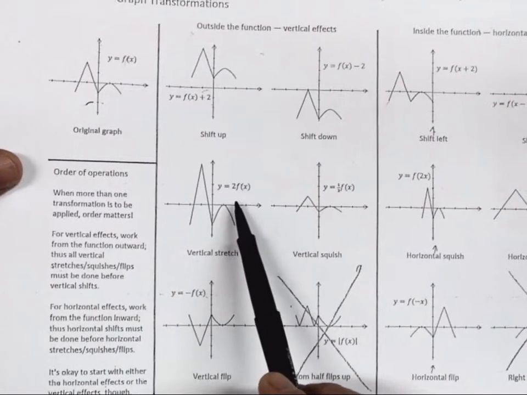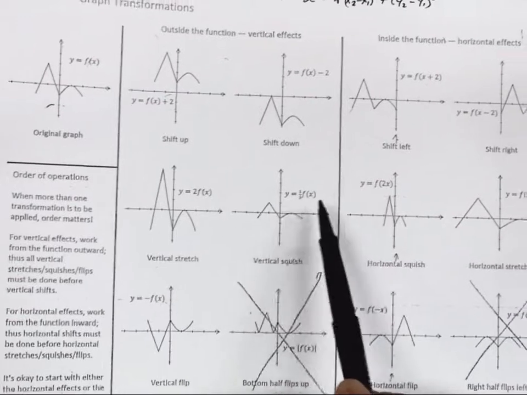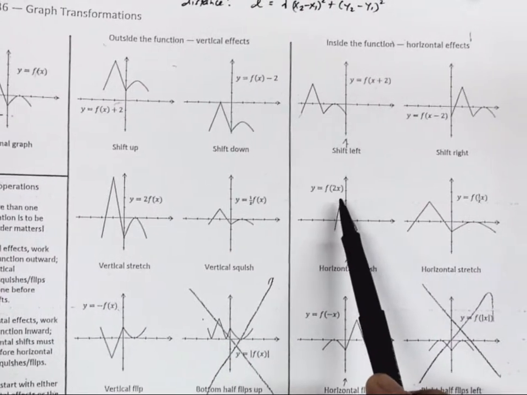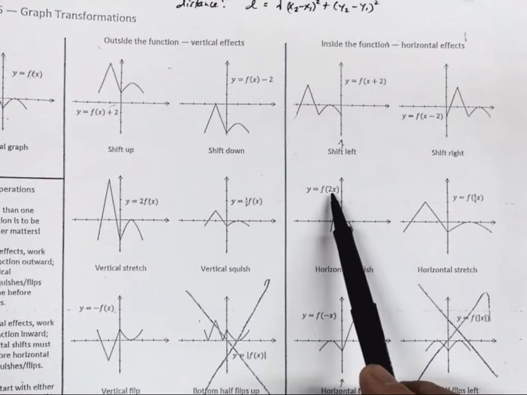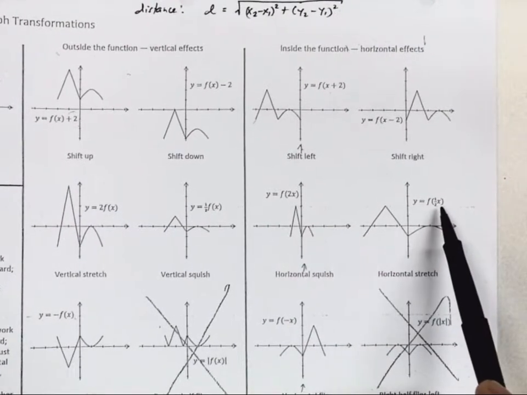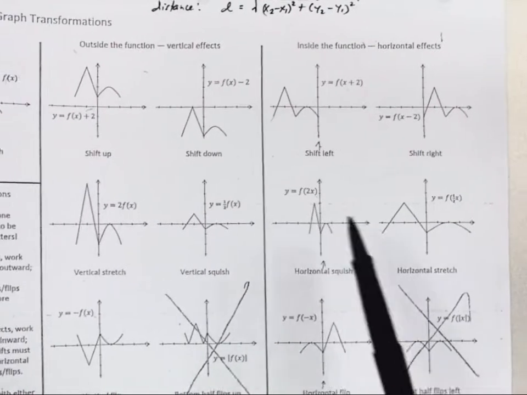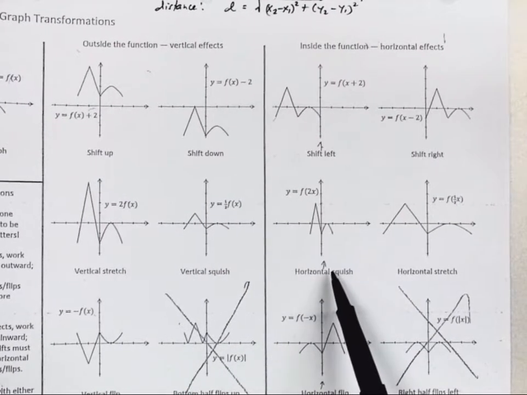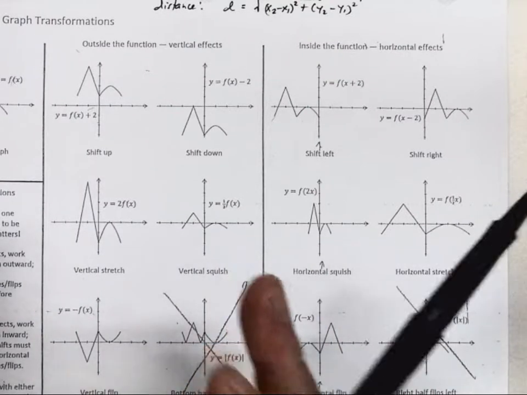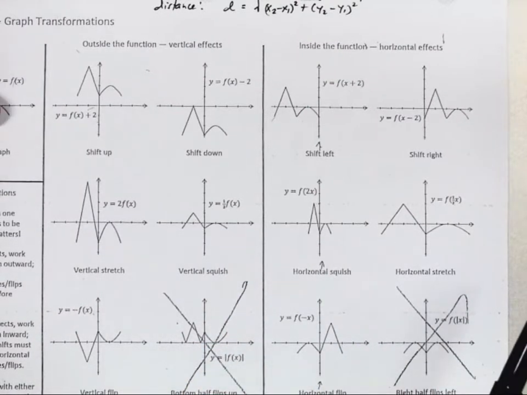Now down here, you notice we multiplied 2.5 outside the function. Here, we multiply x by 2, so this is happening inside the function. And then we multiply x by 1/2 inside the function. The effect of this is a horizontal squish. So it squishes it half the size, pushes in the sides.